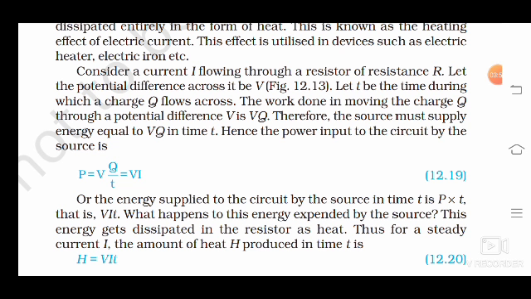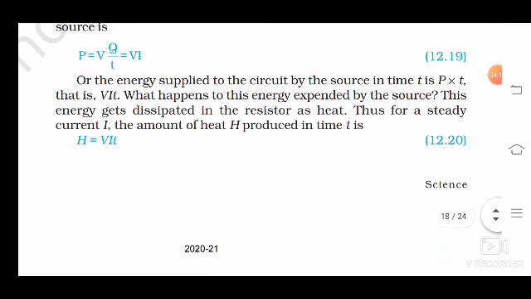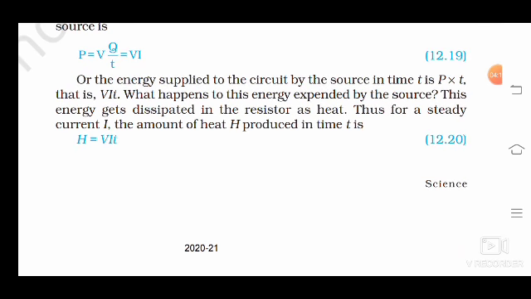This only you should remember that Q is charge, I is current, V is voltage, t is time. Then you can write down these things. Hence, the power input to the circuit by the source is P is equal to VQ by t, that is VI. And the energy supplied to the circuit by the source in time t is P into t, that is VIt.